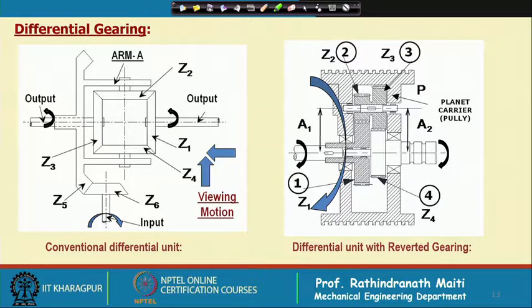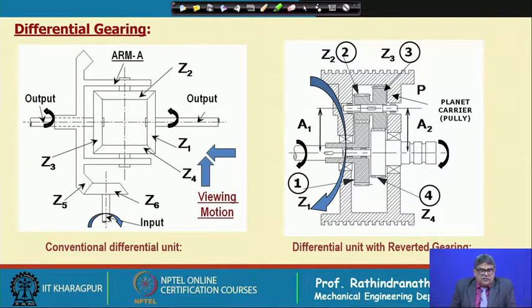So, we have explained how this differential gear unit is working, and as well we have seen how the reverted gearing can also be used as the differential unit. However, in a conventional differential unit, the transmission ratio is not very high.